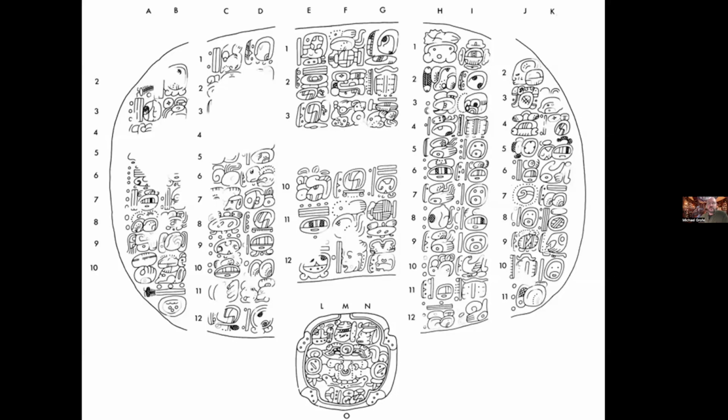And in this really marvelous text, which is an early classic text, you see a number of dates, and the dates that really interested me were historical dates that were tied to historical kings, like in this case, Ahwosal, although I think there's a different reading of his name now. His name is actually here and here.